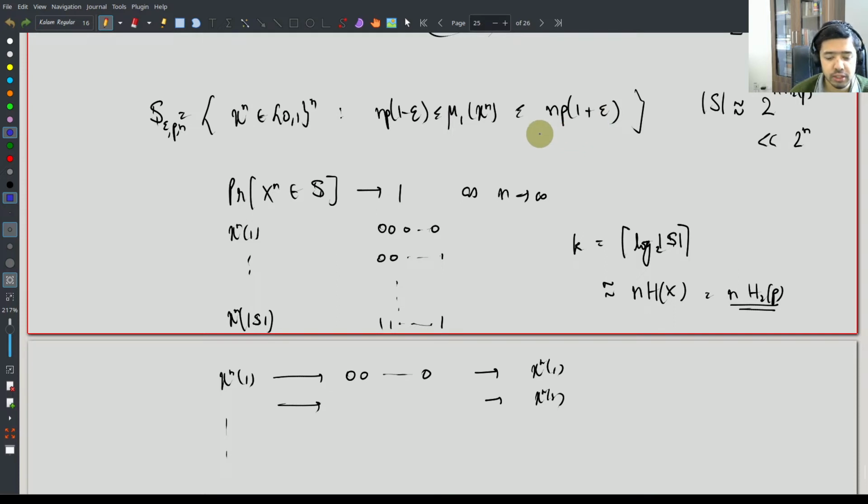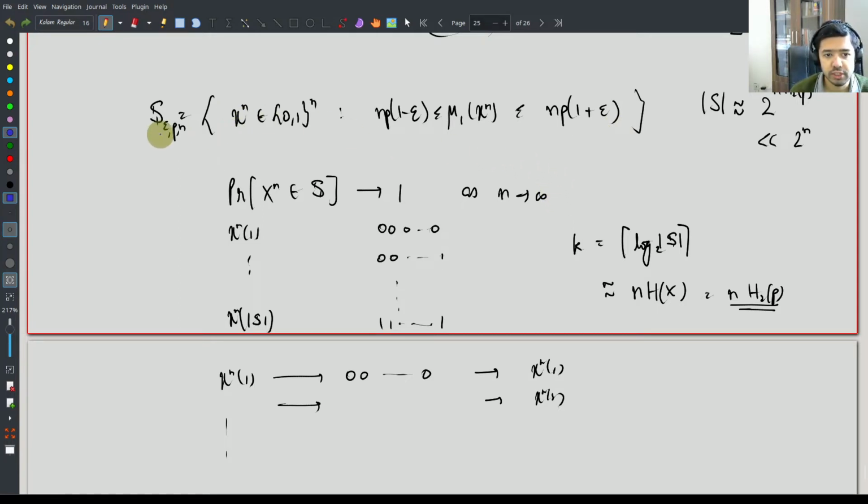Because you know that, if you take a large enough sequence, then with overwhelming probability the number of ones that will appear in that sequence is going to be very close to n times p. So we leverage that fact and look at this particular set: the set of all sequences for which the number of ones is between np into 1 minus epsilon and np into 1 plus epsilon.